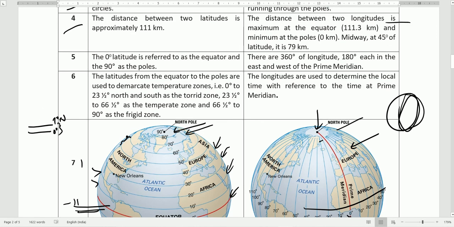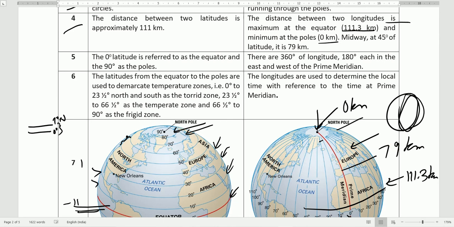At the equator the distance between two longitudes is 111.3 kilometers, and it is 0 at the pole. At around 45 degrees, midway along this line, it is around 79 kilometers. At the equator the distance between the longitudes is about 111 kilometers, and at the pole it is 0 kilometers.